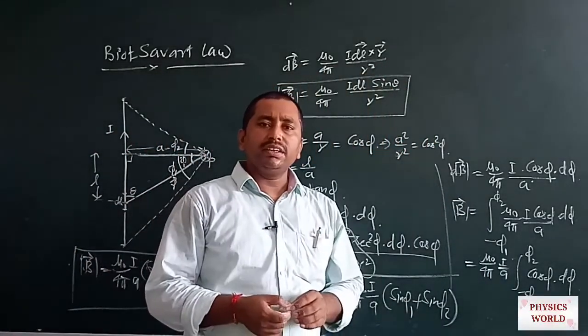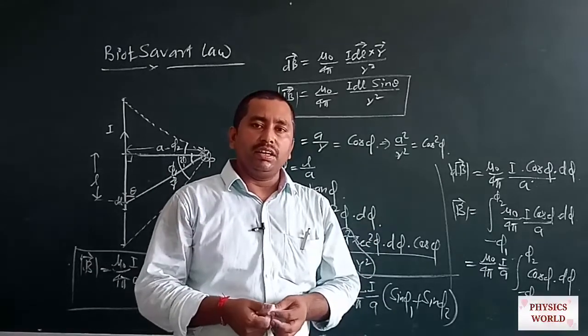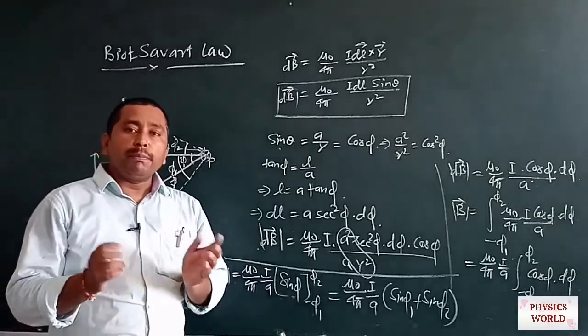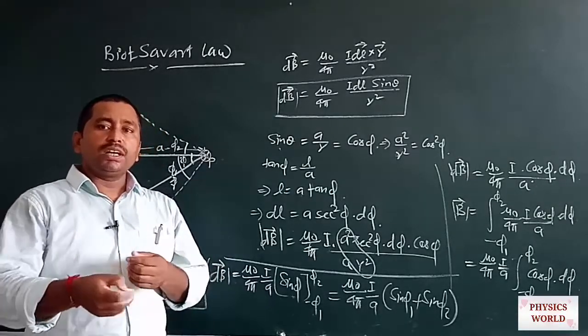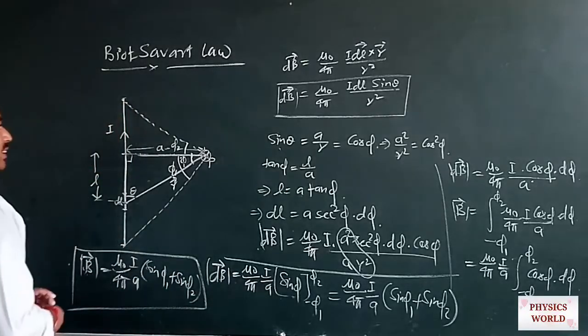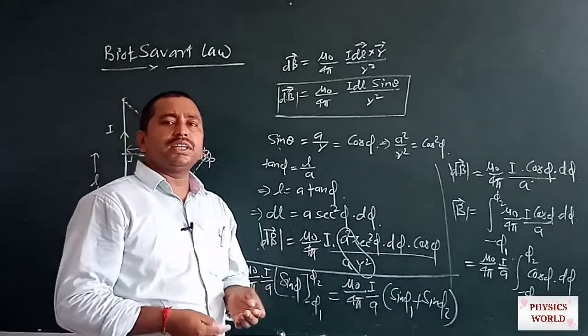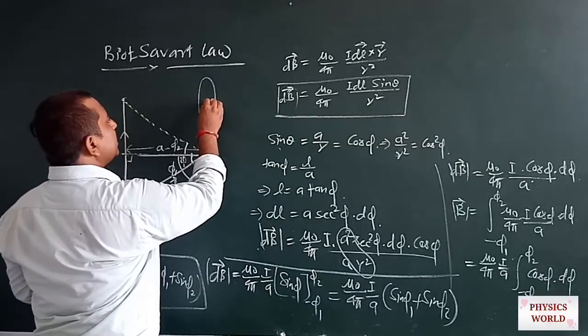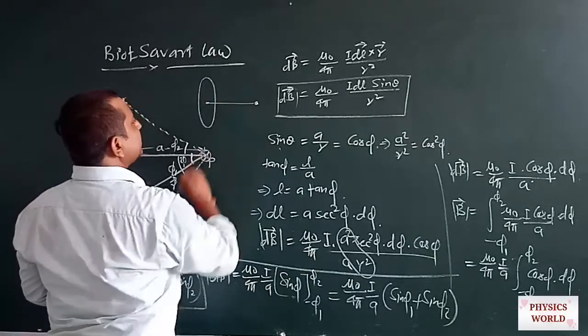Now let us see some different applications of the Biot-Savart law, that is, the total magnetic field due to a circular current loop. We can derive an expression for the magnetic field due to a circular current loop at any axial point.